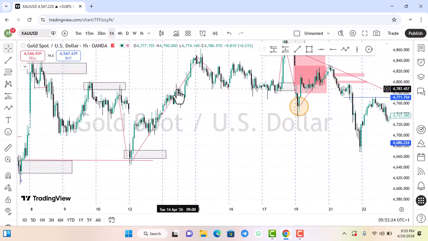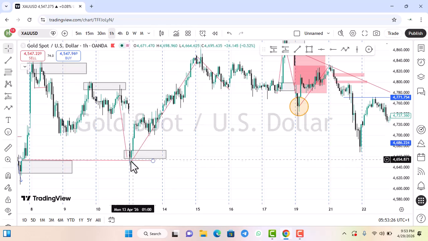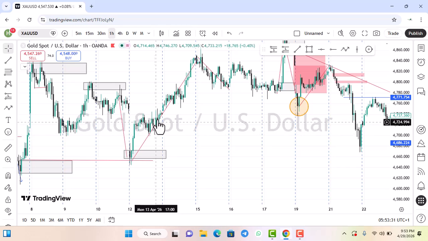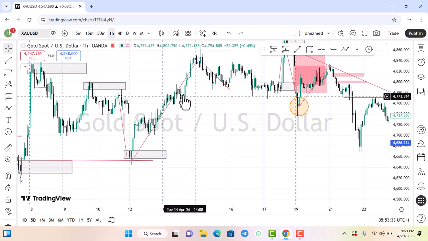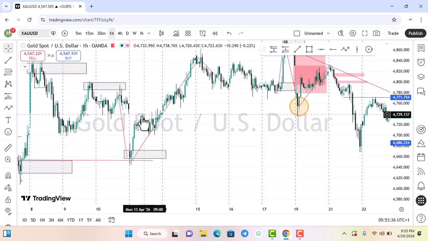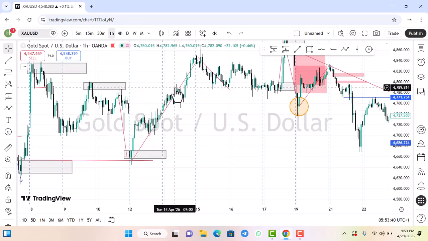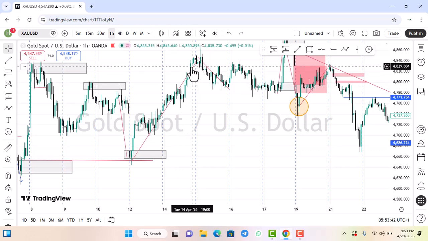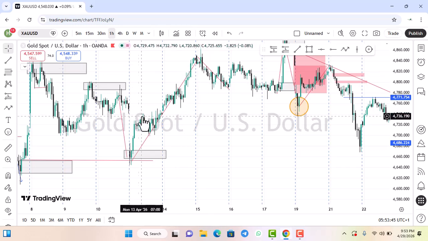Look at another example right here. When this price was expanding to the upside, it was creating internal liquidity, right? Look at it. You get to this point here, come down, go up again, come down, then go up again. So all these are failed order blocks, because when price got to this point, it started selling, but later pushed up above that point that price started selling from.